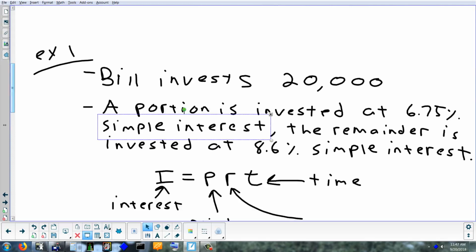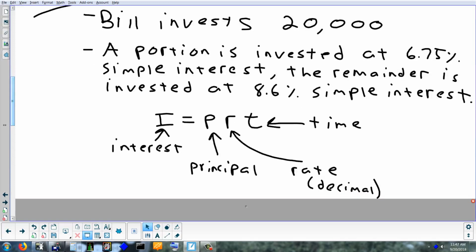So the amount of interest that you make in this investment depends on 3 things. 1, how much money did you put in the investment? The more money you put in, the more money you can make. The rate: what is the interest rate that the investments pay? If something pays 8% versus 3%, 8% is higher, you make more money. And T is time. That's how long you leave your money in the investment. The longer you leave it, the more money you can make.